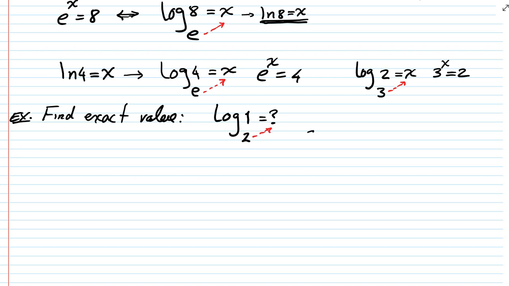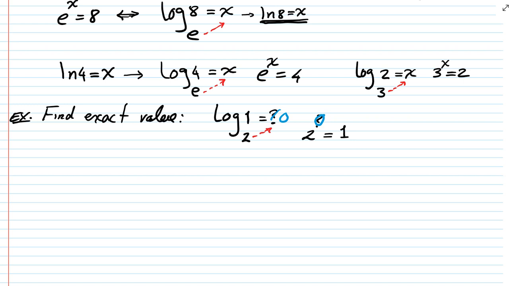And how is this going to look? That means 2 to the power of question mark equals 1. And at this point, I just do a guess and check, or trial and error. 2 to what power is 1? Well, 2 to the first power is 2, not 1. 0, correct? 2 to 0, because anything to the 0 is 1. Therefore, the answer is 0. So log of 1 in base 2 is 0.